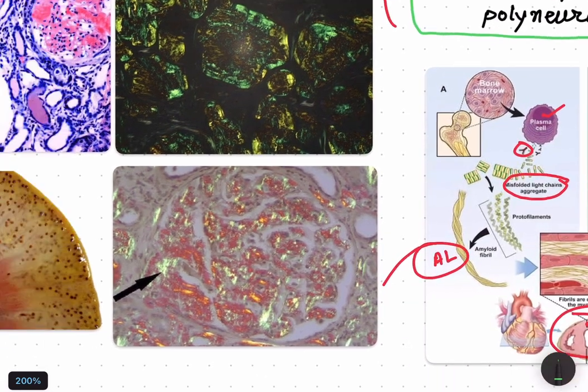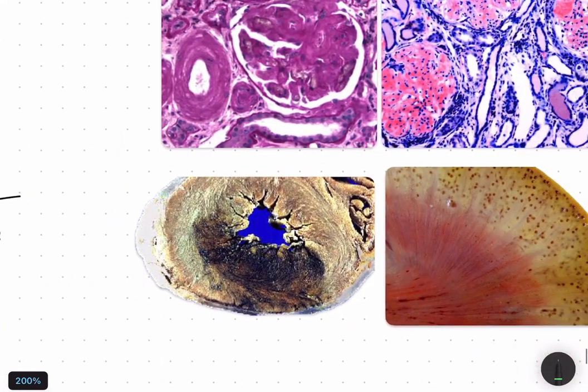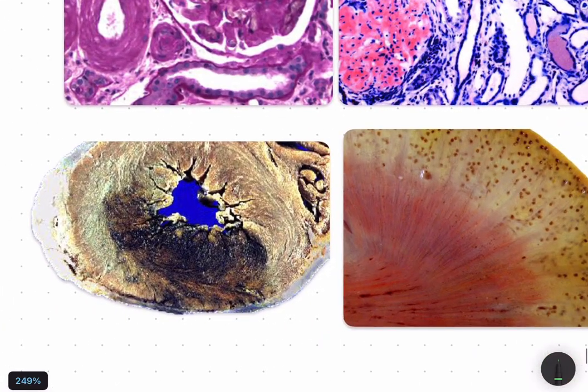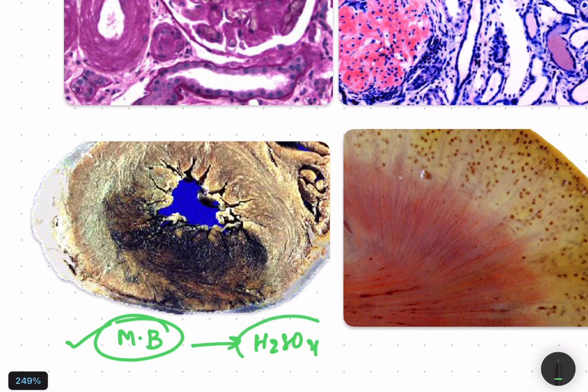It will take a mahogany brown color. So if amyloid is there, it will take mahogany brown color with Lugol's iodine, and this is not a histopathological stain, it is the gross specimen we are staining. But after that, if I put sulfuric acid, on addition of sulfuric acid, it will take a blue color.